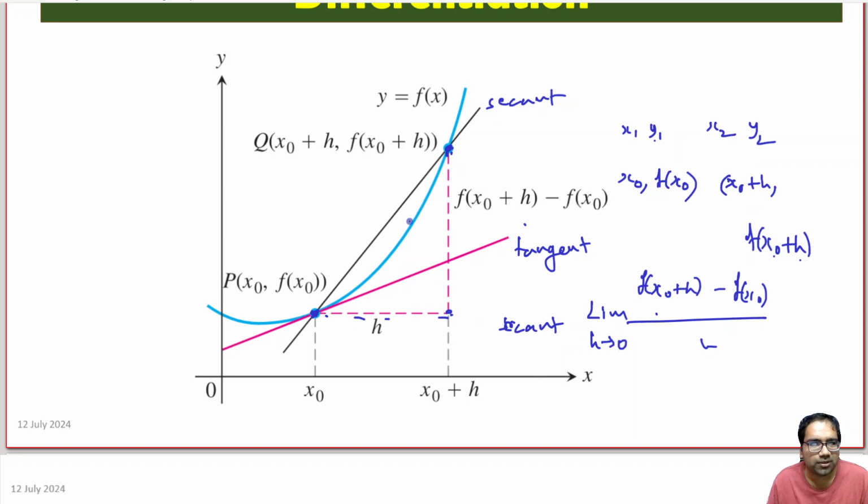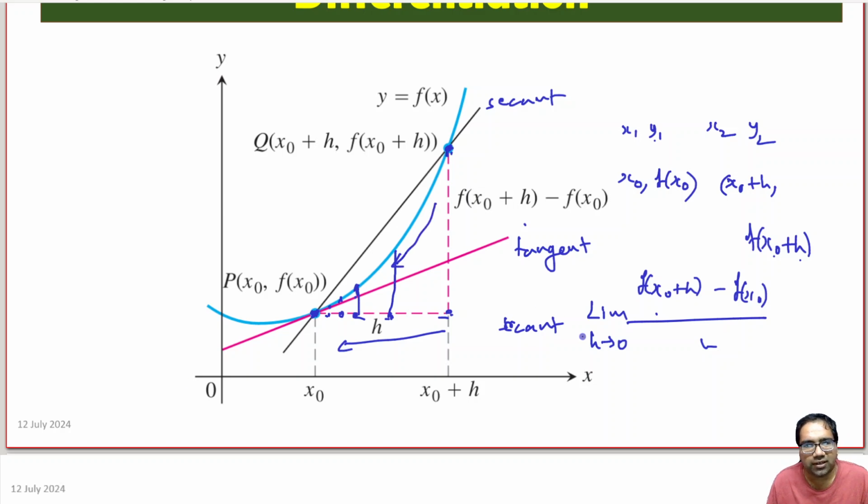When h is smaller and smaller, obviously you are forcing this point q to come closer and closer to this point p. That is what we are doing. When h is somewhere like this, then point q will be somewhere here. When h is smaller, then point q will be here. This is point q. Right. When h is going smaller, then obviously q also is coming closer to p.